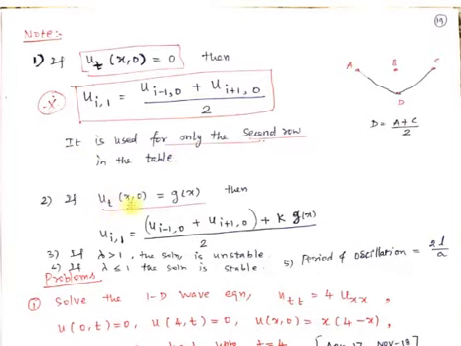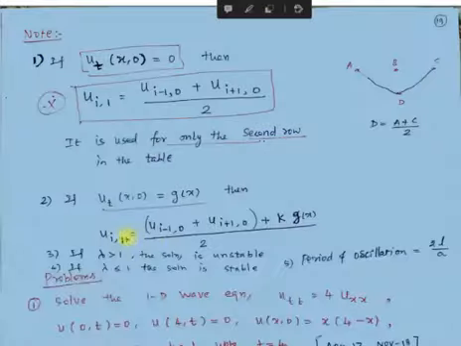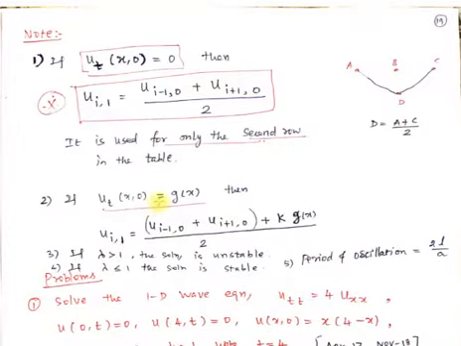If u_t(x, 0) = g(x), then u(i, 1) = [u(i−1, 0) + u(i+1, 0)]/2 + k g(x). Mostly in the problems, u_t(x, 0) is given as 0.